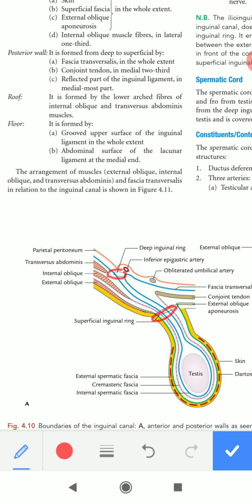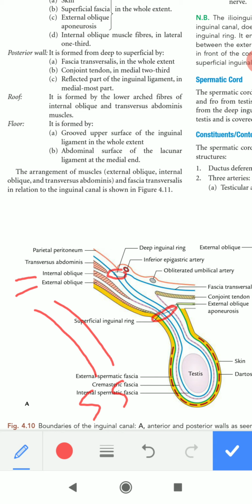Okay. Now come to the anterior wall. How is the anterior wall formed? The anterior wall is formed by the skin, superficial fascia, then external oblique muscle, external oblique aponeurosis, and internal oblique muscle in the lateral one third.